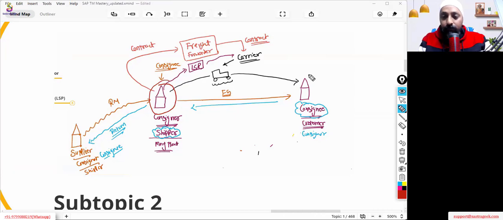And this is the place where you are going to ship. So this is your customer. And this is your manufacturing unit or your warehouse from where you are shipping. You are called the shipper who is shipping it, and you are shipping to your customer. So this is called the customer.